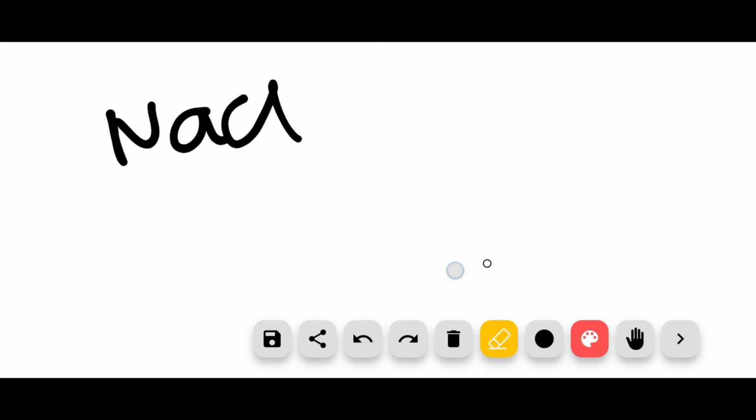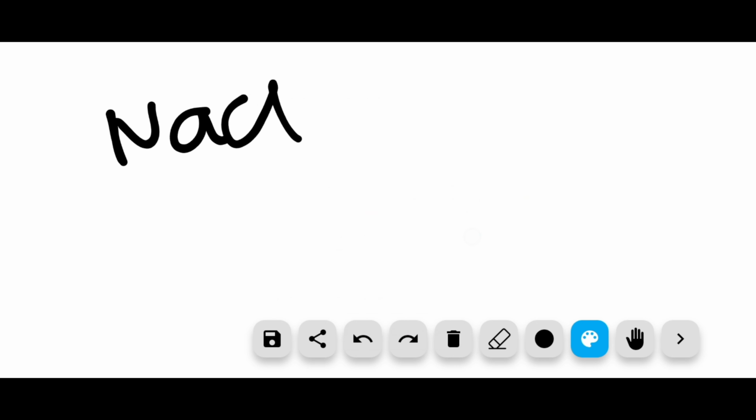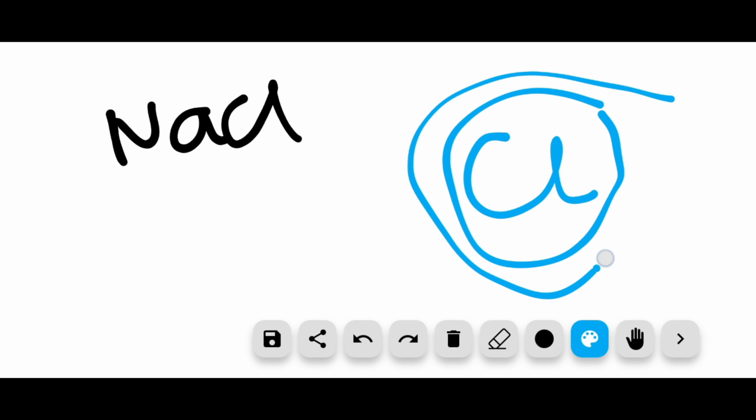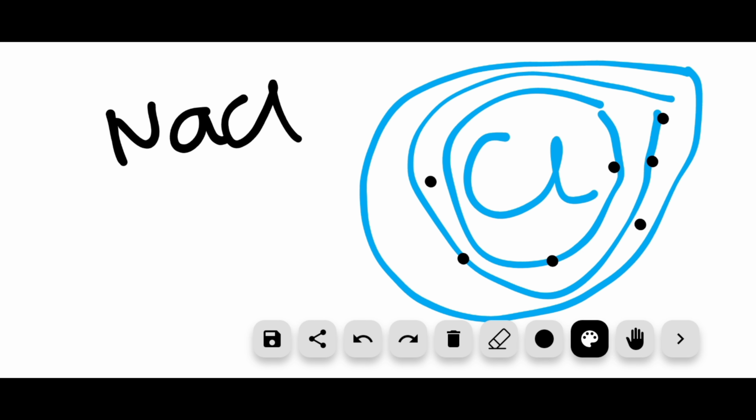Now if we draw its atomic structure, it looks like chlorine, first orbit, second orbit, third orbit. Here we draw the electrons as black dots: 2, 8, and 7. So the last orbit has 7 electrons.